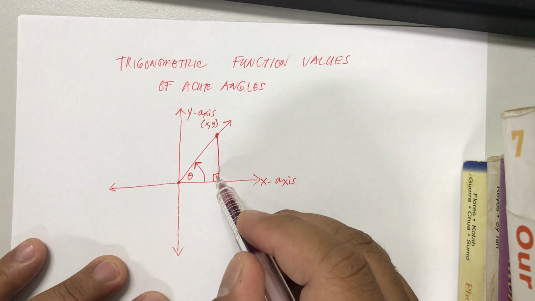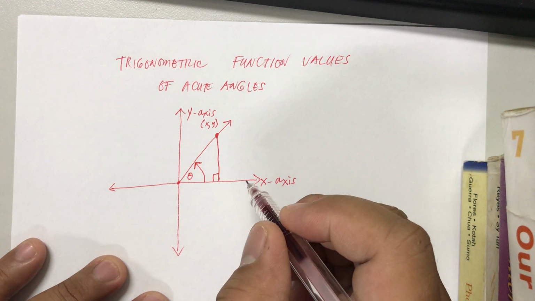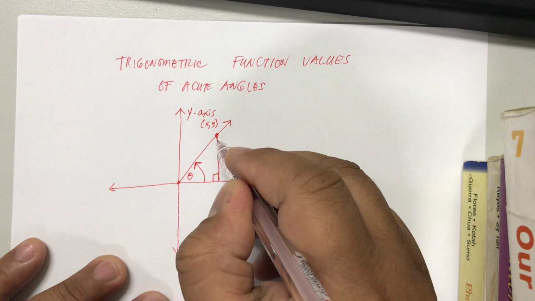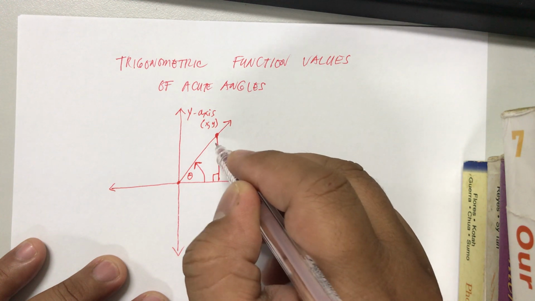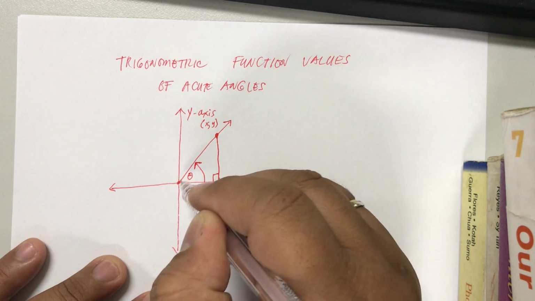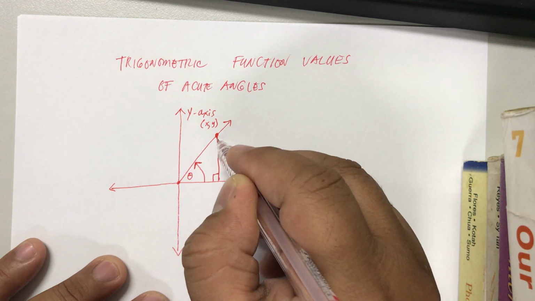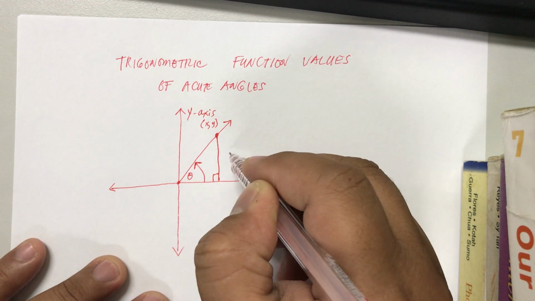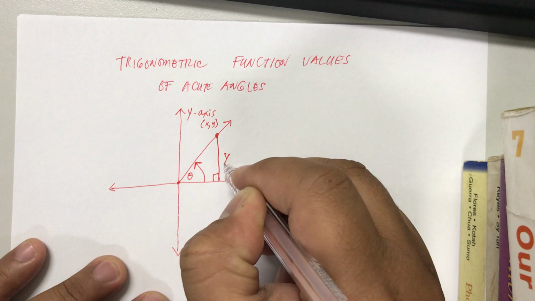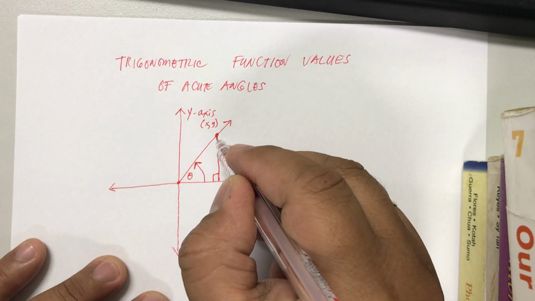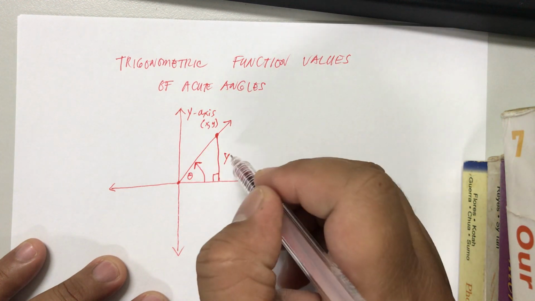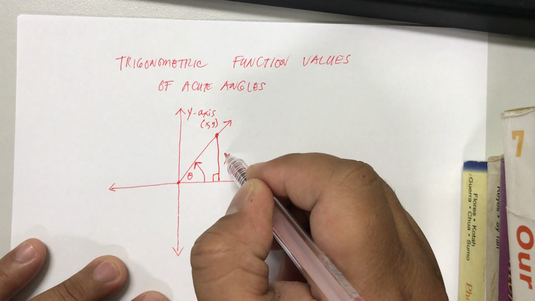So this is a right angle. Since we already have a right triangle, let this side of the right triangle be denoted by the variable y.